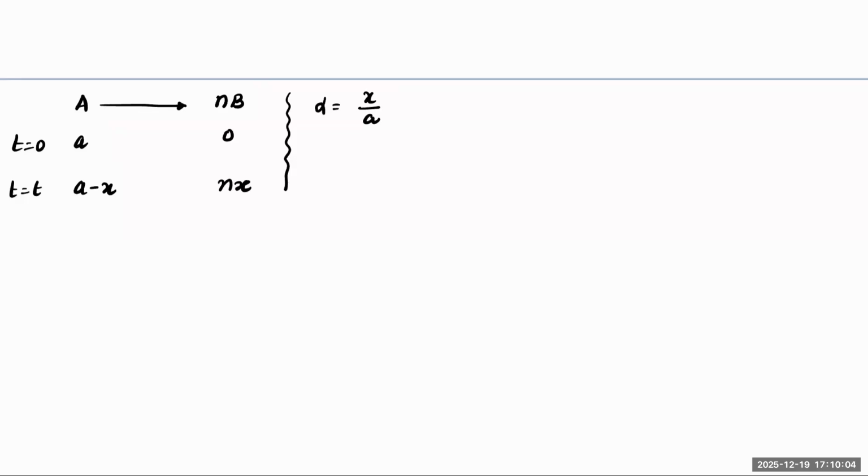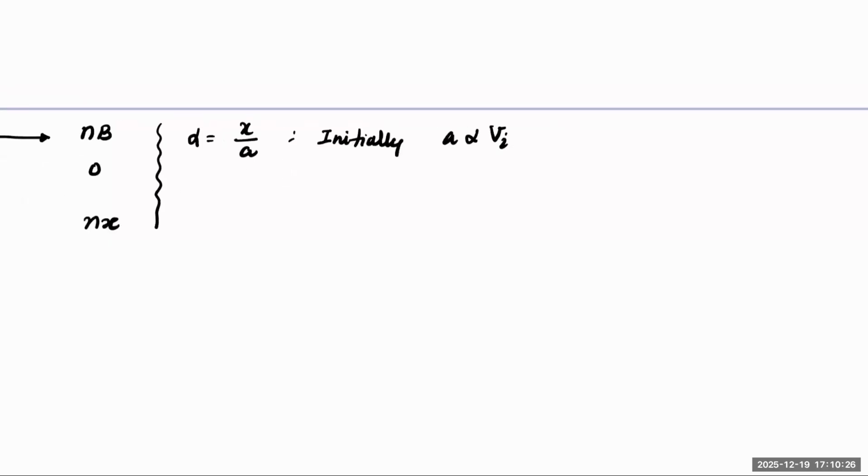Let's say initially A moles relates to some initial volume Vi. And the volume of a gas is inversely proportional to its density. Remember, Vi is the initial volume.